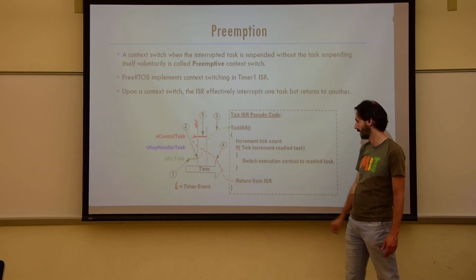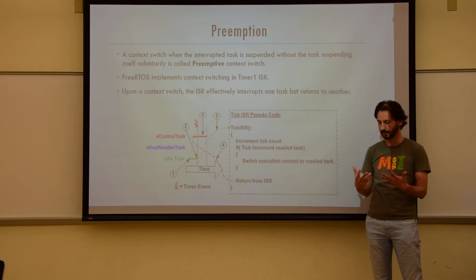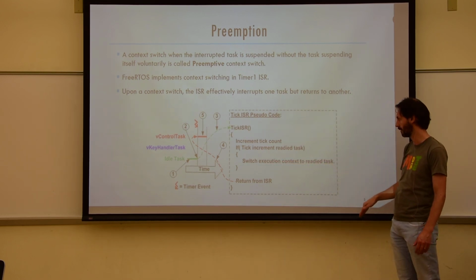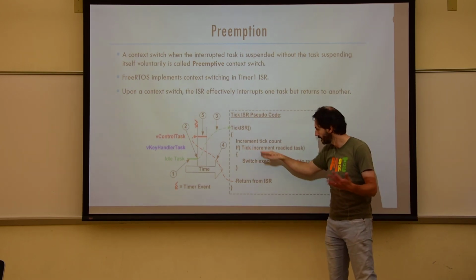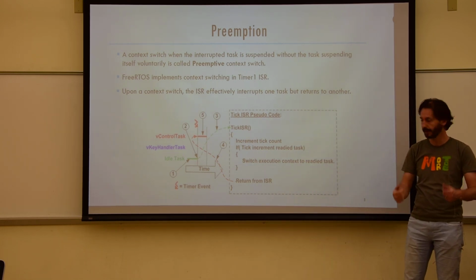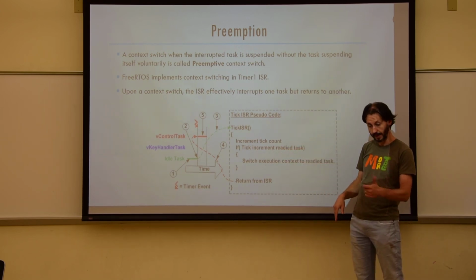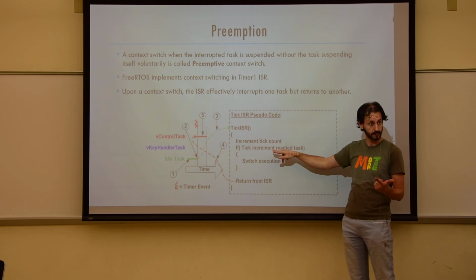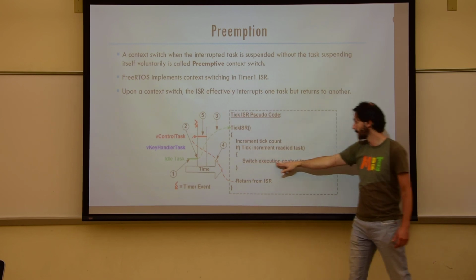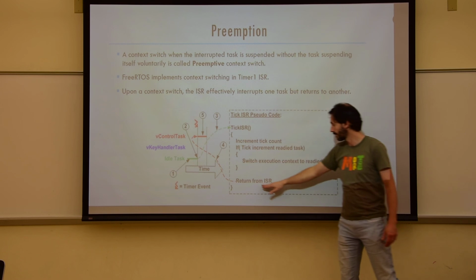If the tick increment readied a task, that is, the task is ready and it's also time to be executed according to the scheduling policy, and if both are true, then switch the execution context to the ready task. And then return from the ISR.